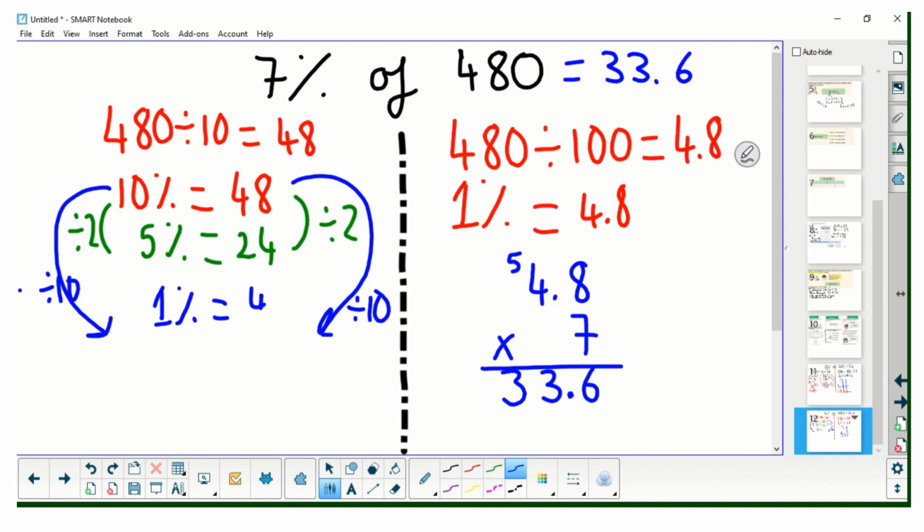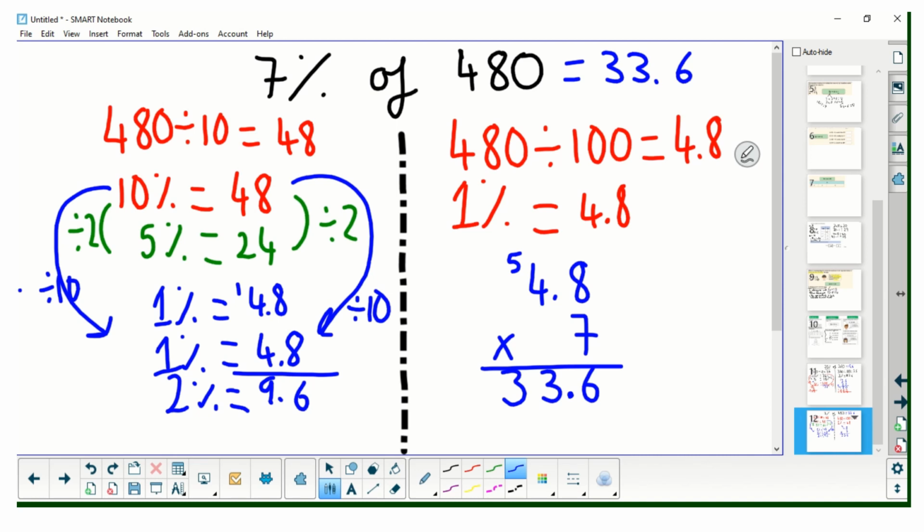Well, that is 4.8. So I know 1% is 4.8. I know another 1% is going to be 4.8. If I add those together, we've got 9.6. So I know 2% is equal to 9.6.